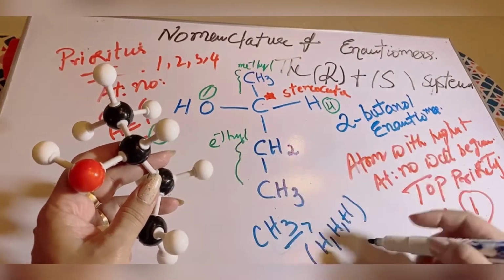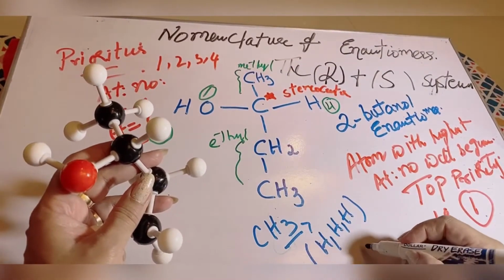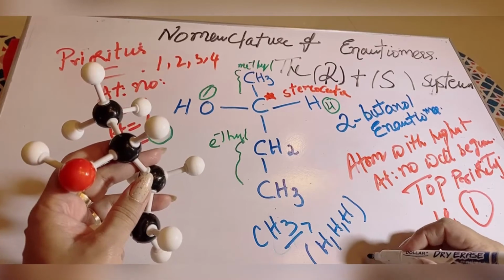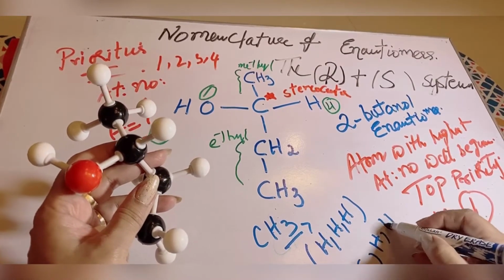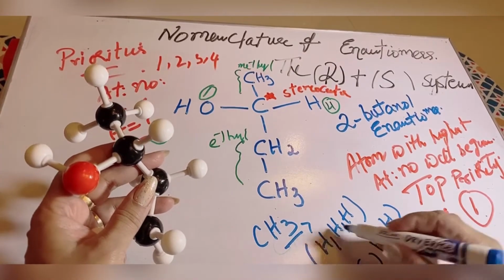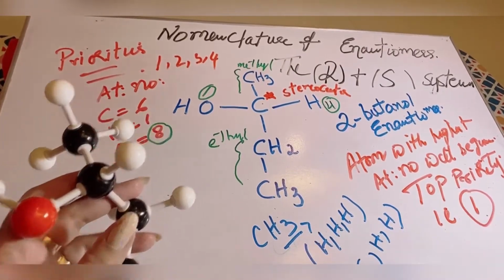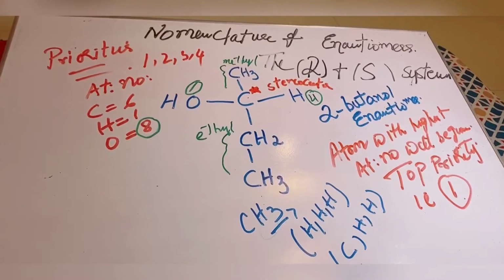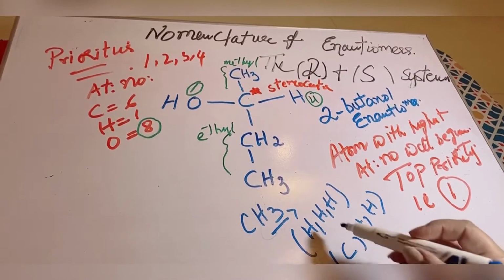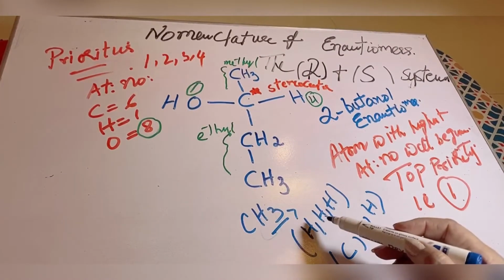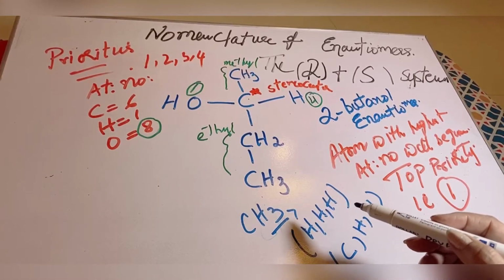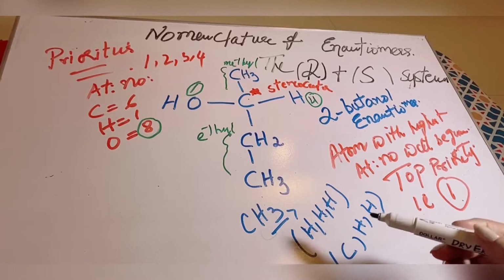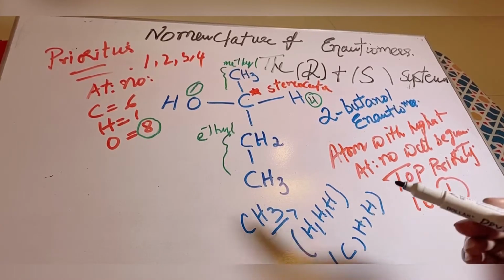Whereas if you look at the ethyl group, it has the next set of atoms C, H, and H. So if you compare both of these, you will see that carbon has the higher atomic number as compared to the hydrogens, right? So what will happen? We give the priority.